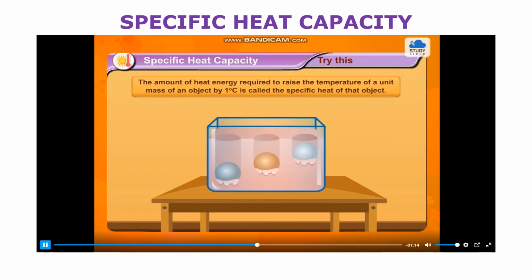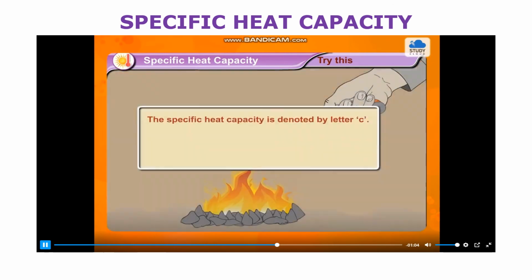The amount of heat energy required to raise the temperature of a unit mass of an object by 1 degree Celsius is called the specific heat of that object. The specific heat capacity is denoted by letter C. The SI unit of specific heat is joule per kilogram degree Celsius, and the CGS unit is calorie per gram degree Celsius.